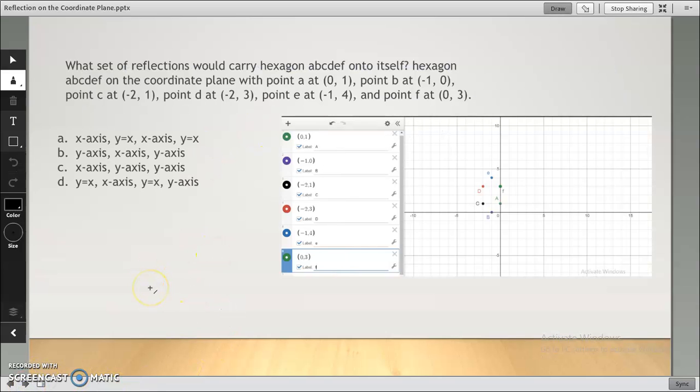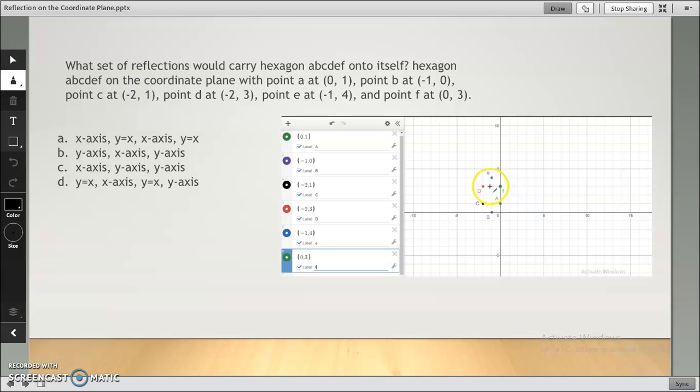All right, so now this one is a little different, where I have to look at different rotations and reflections, and this is almost similar to what we have on some of your tests and quizzes. It says what set of reflections could carry hexagon A, B, C, D, E, F onto itself, and they give you the coordinate points, and I plotted the coordinate points here.